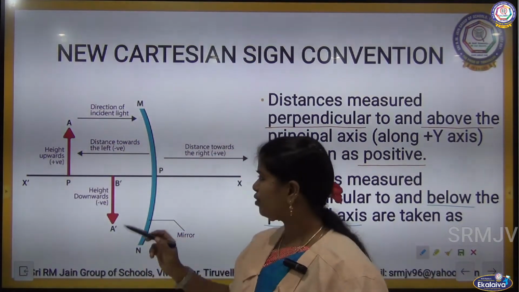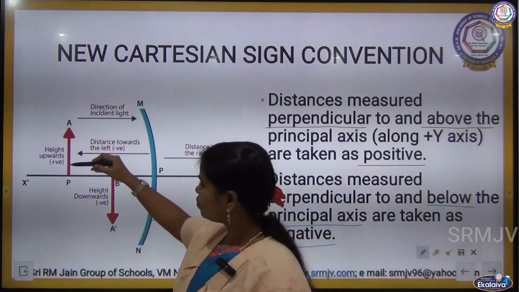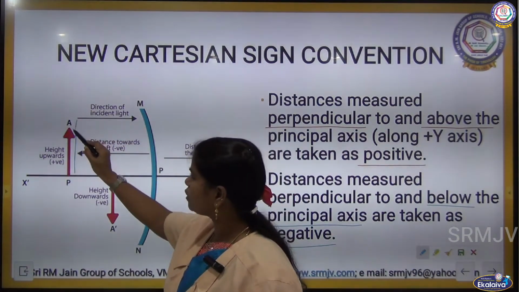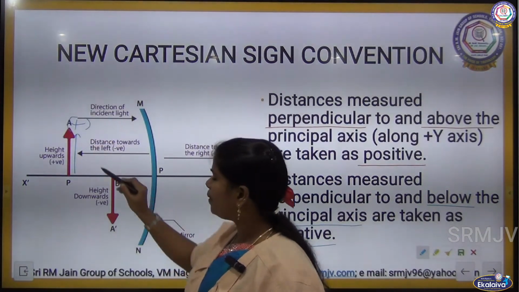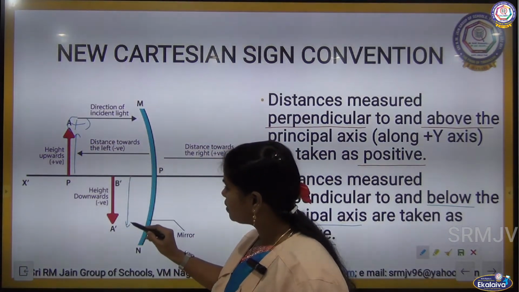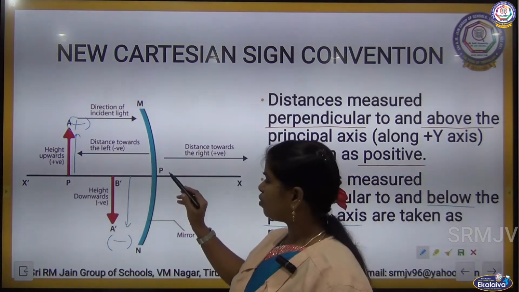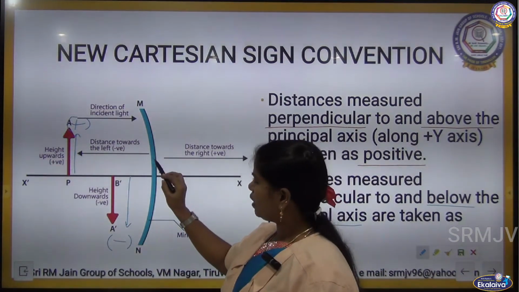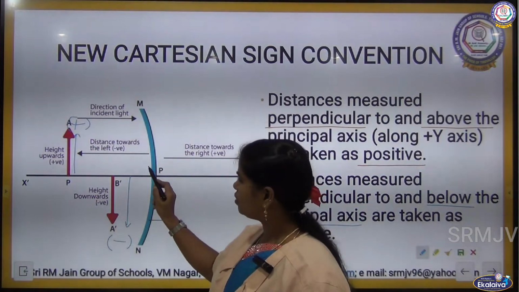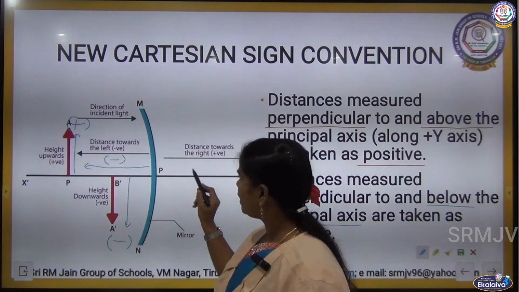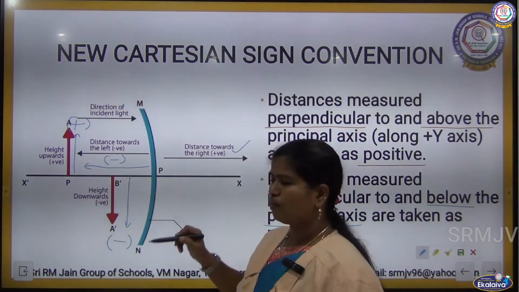Okay, so you can see here the measurements which are measured above the principal axis are taken as positive, and below the principal axis are taken as negative. And the measurements which are measured on the left hand side of the pole are taken as negative, and on the right hand side are taken as positive.